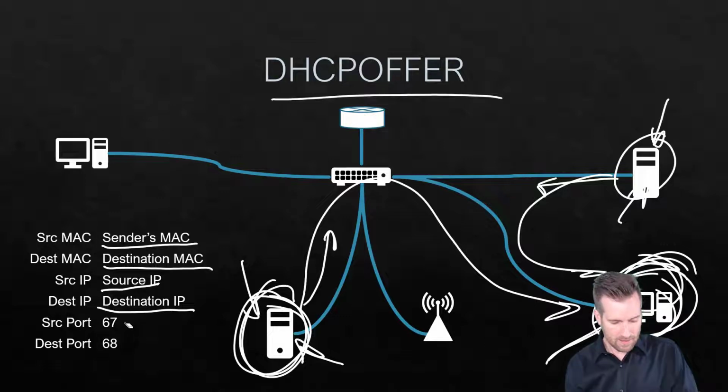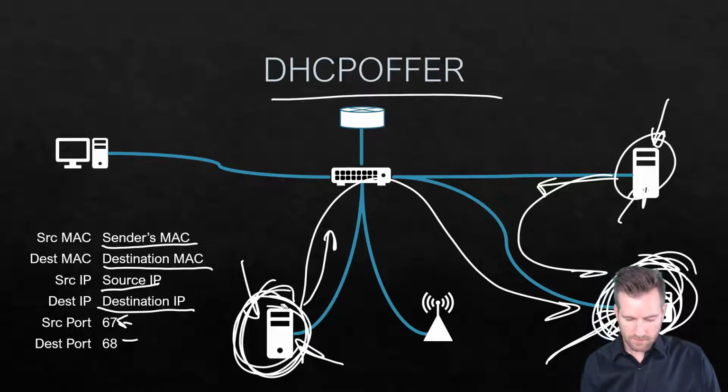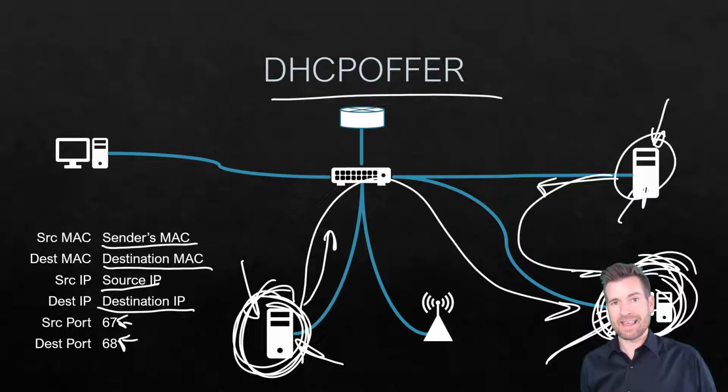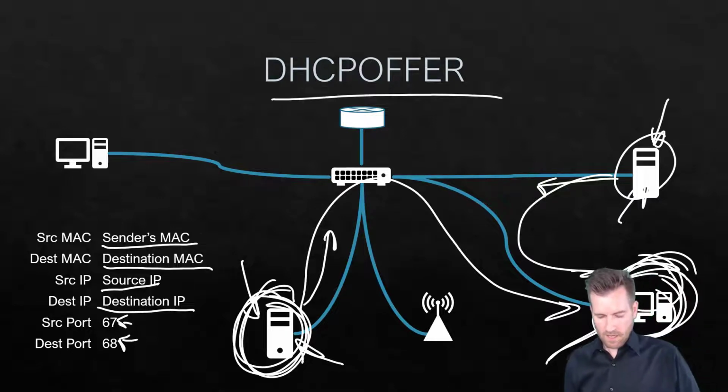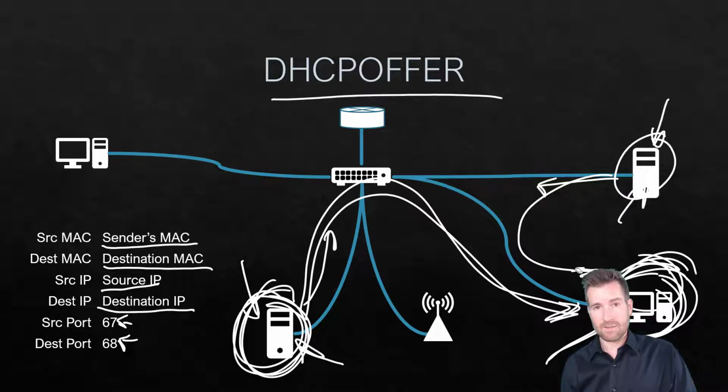The source port is going to be 67 and the destination port is going to be 68. 67 because it's sourcing from the server, and 68 because that is the client machine. So that is going to be the offer that's sent there. This machine is going to get two offers because there's two DHCP servers out there.